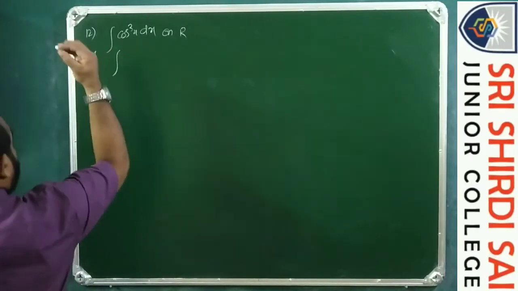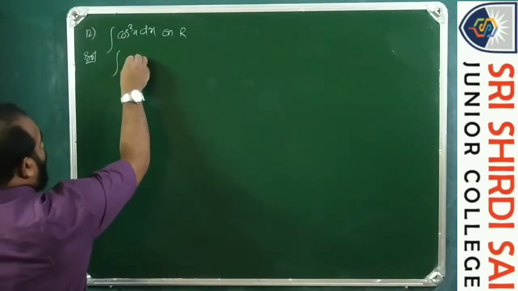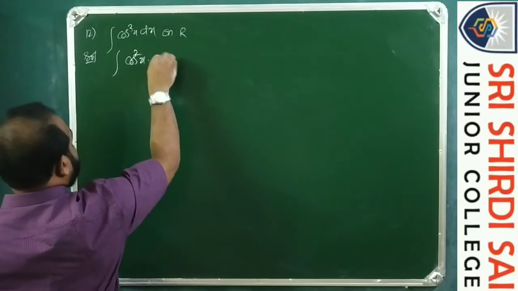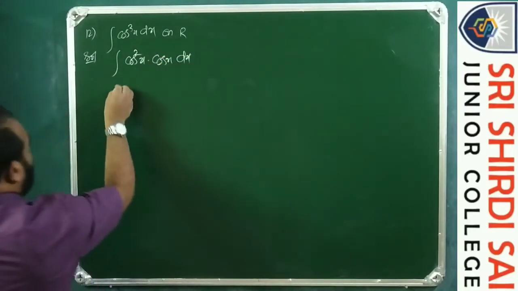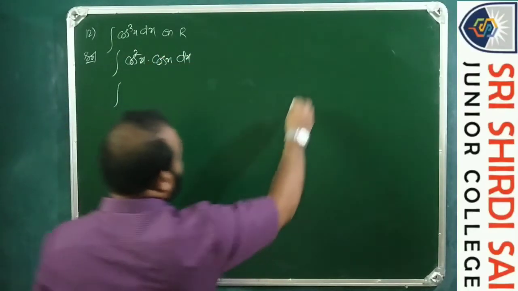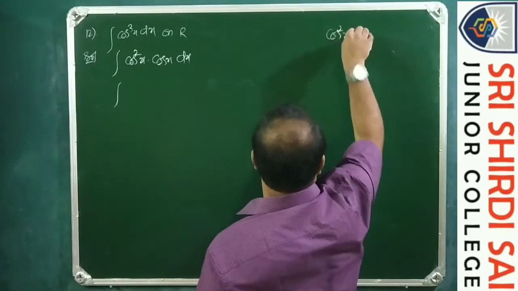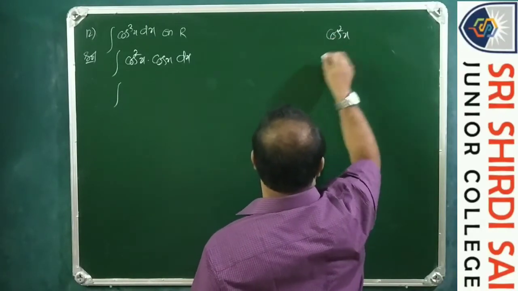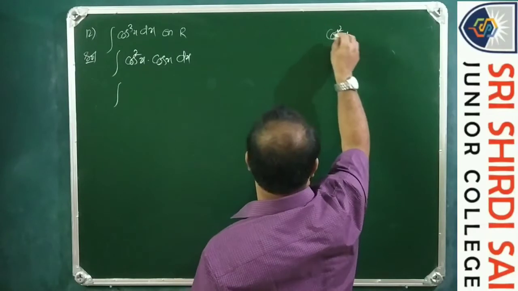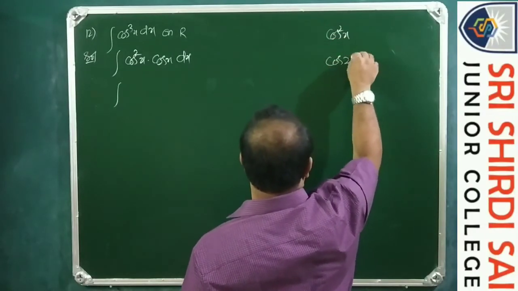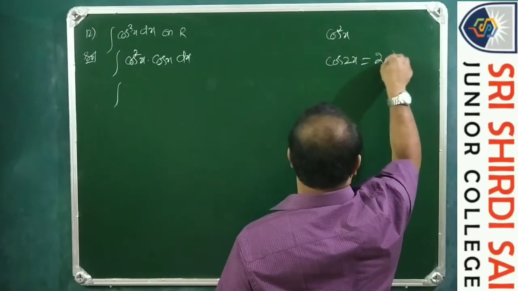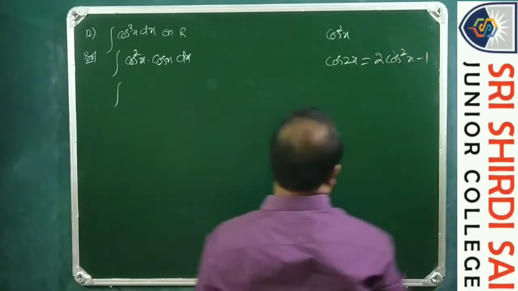So cos cube x is cos square x into cos x dx. So we know that cos 2x is equal to 2 cos square x minus 1.